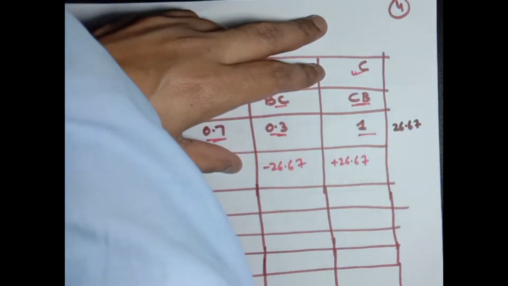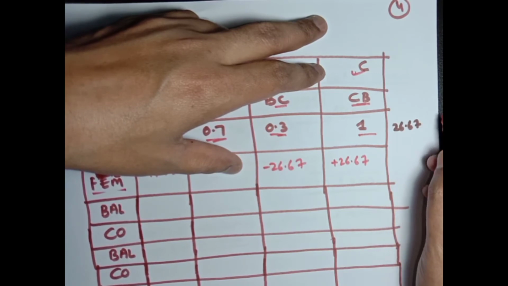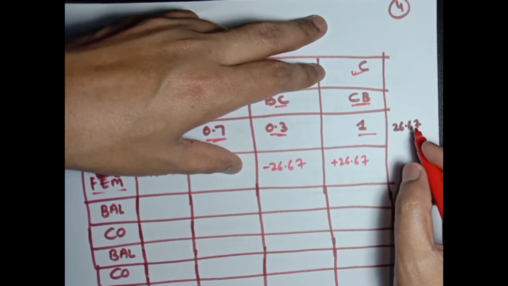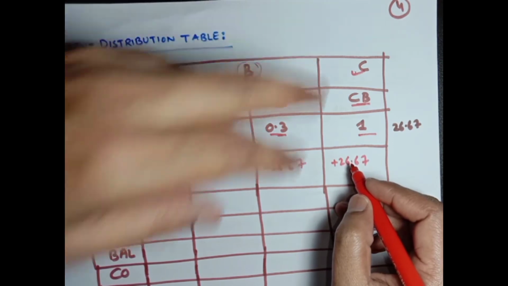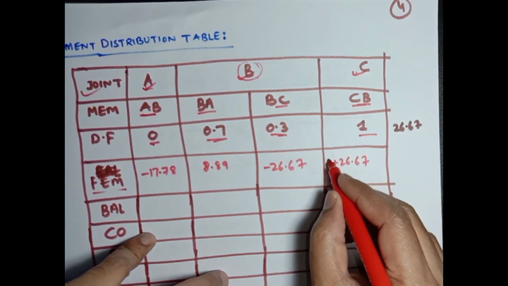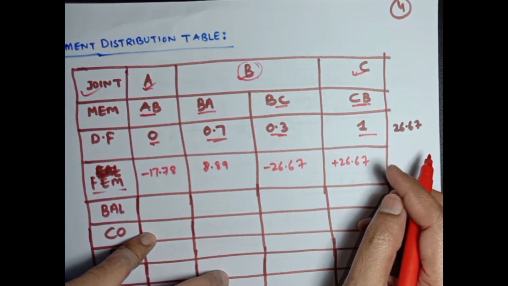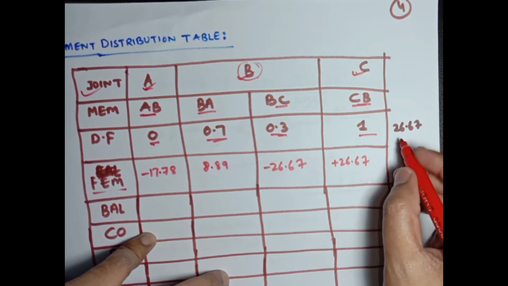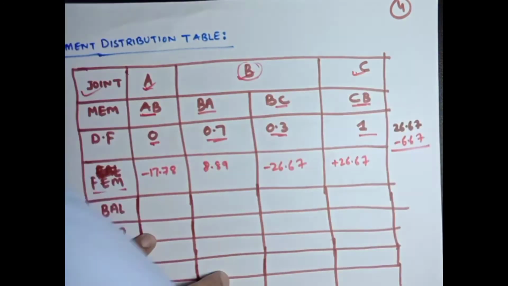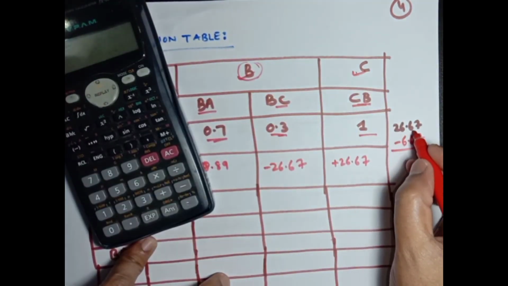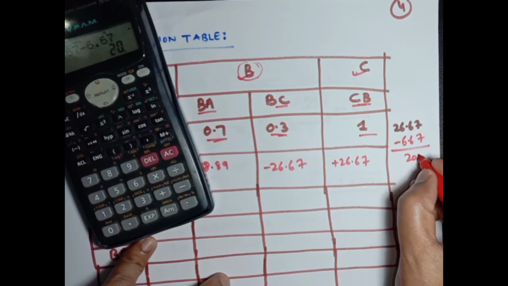26.67, this is the value. This is the fixed end moment, but we need to convert it to a moment of 20 kilonewton meter with positive sign. So we have to subtract this value, minus 6.67, so that summing with this one will give a value of 26.67 minus 6.67, which is 20 kilonewton meter.